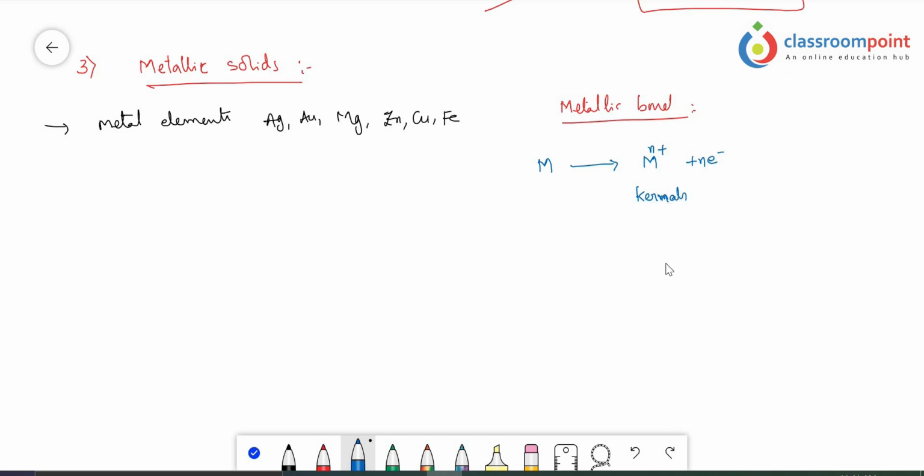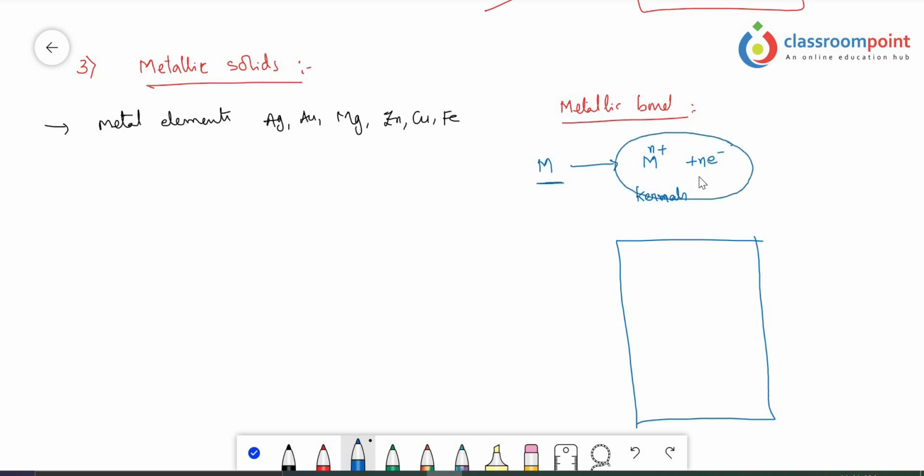Kernels. So basically a metal is made up of not only purely metal atoms; actually it is made up of a combination of the positive metal ions and the electrons released by that particular metal during ion formation. Now see here, I am going to take this Mn+ ion as a positive ion, here also a positive ion, here also a positive ion.